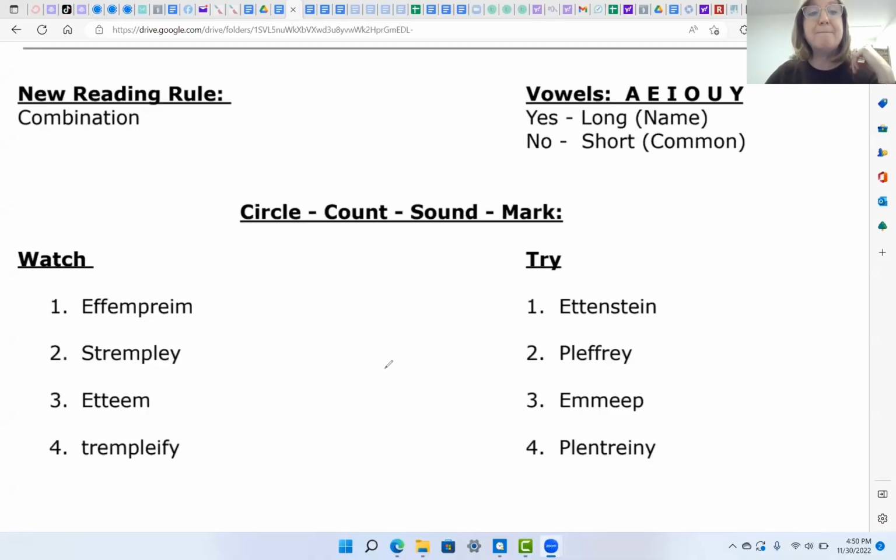So this one is stremply. And if you noticed when I pencil read that word, the first two letters were voiceless. R is voiced, the vowel, of course, is voiced. M is a sustained sound. You keep your lips together when you pronounce that sound.